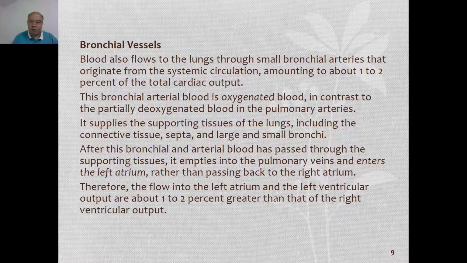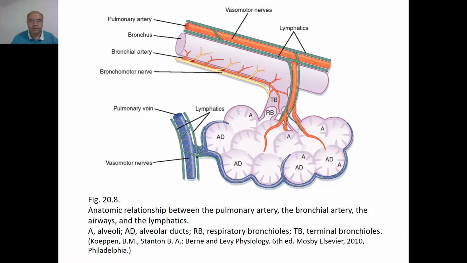Therefore, the flow into the left atrium and the left ventricular output are about 1 to 2% greater than that of the right ventricular output. And the percentage of oxygen also goes down a little bit. Here you see the pulmonary arteries and bronchial arteries together. This is a bronchus.